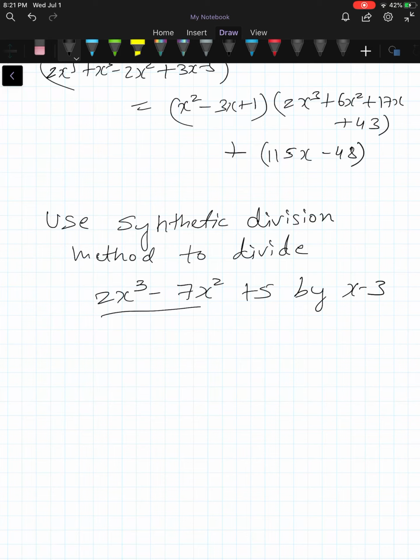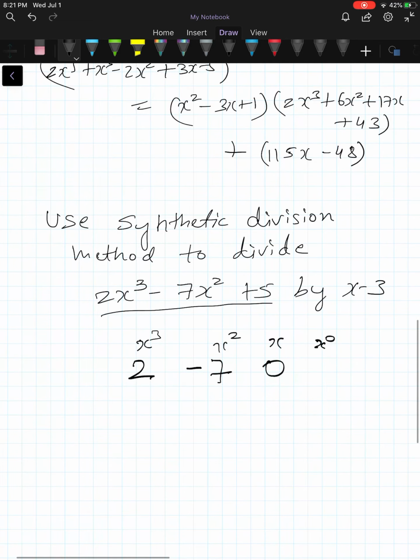Okay, so you will write the coefficients in order. Coefficient of x cube is 2 and coefficient of x square is minus 7, coefficient of x is 0. So you have to cover all the powers from 3 to 0. And you have the constant, that is x to the power of 0. So what is the coefficient of x to the power of 0? It is 5.